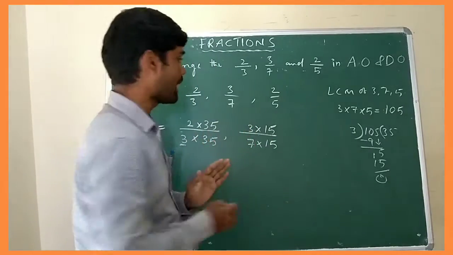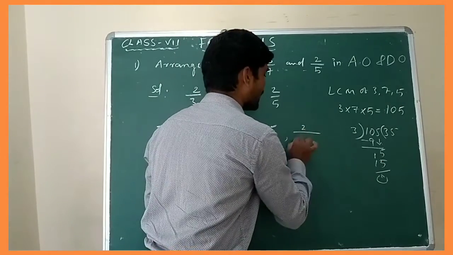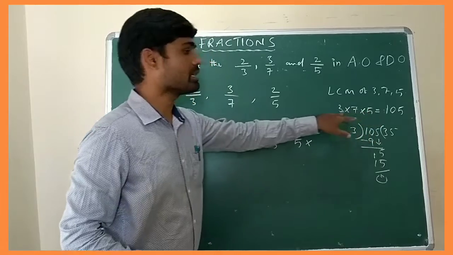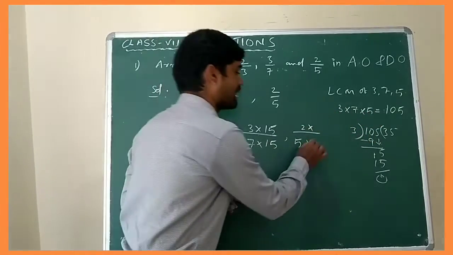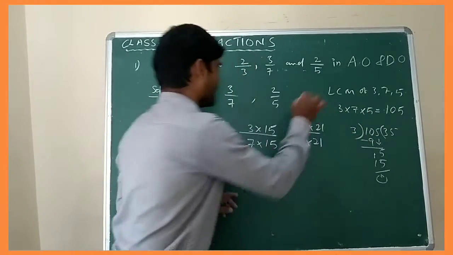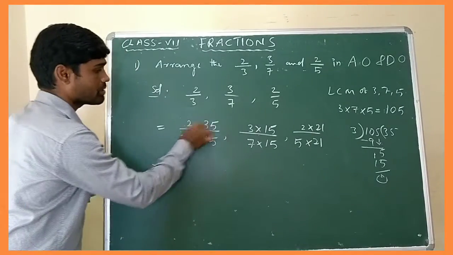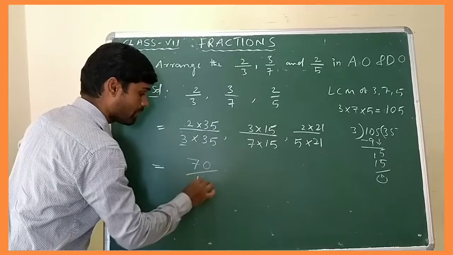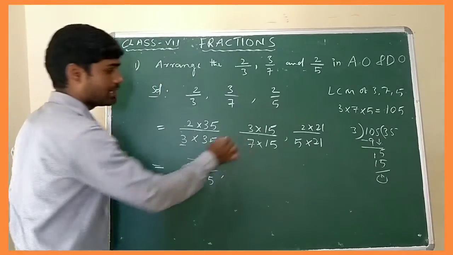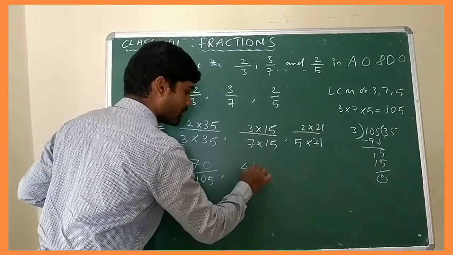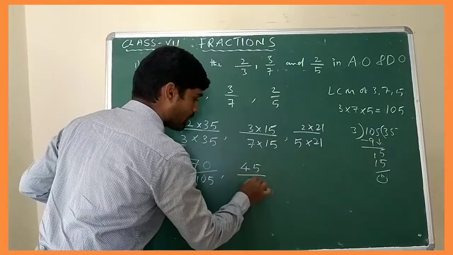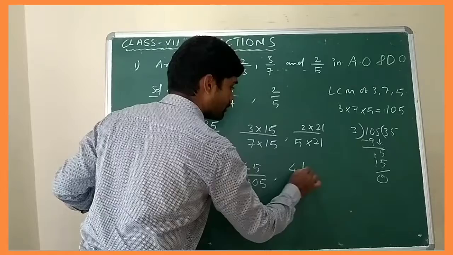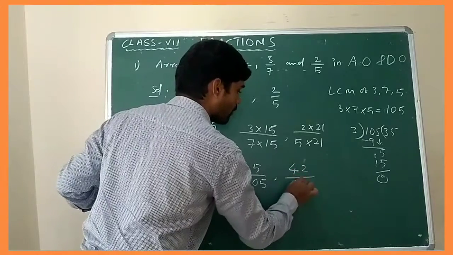Next, 2 by 5: keep 5 to the side, 3 sevens are 21, so we multiply with 21. Now let us write all this. 2 into 35 is 70 by 105. 3 into 15 is 45 by 105. 2 into 21 is 42 by 105.